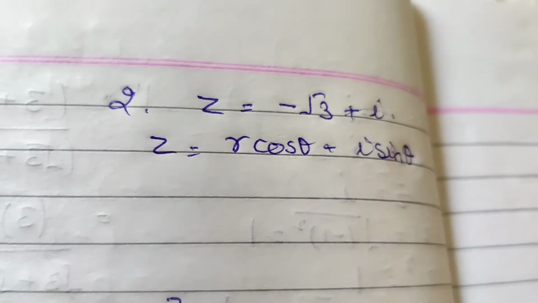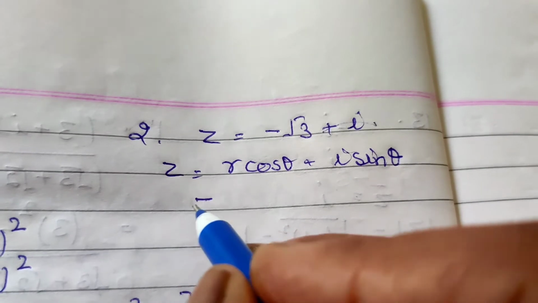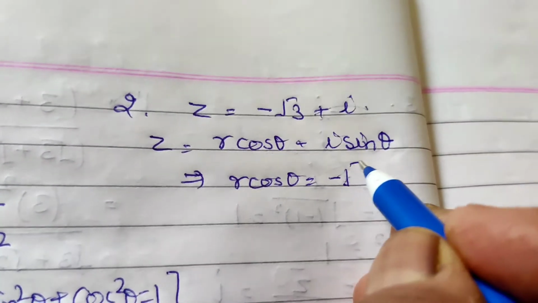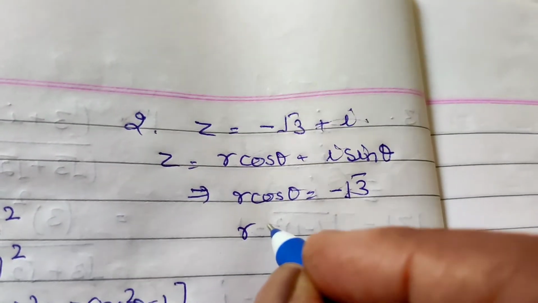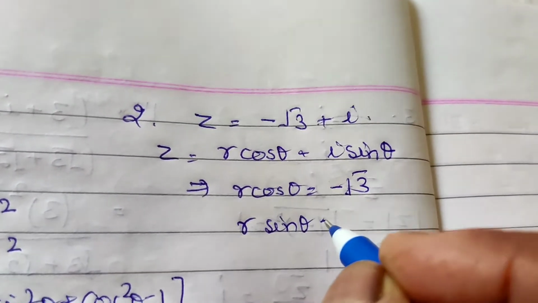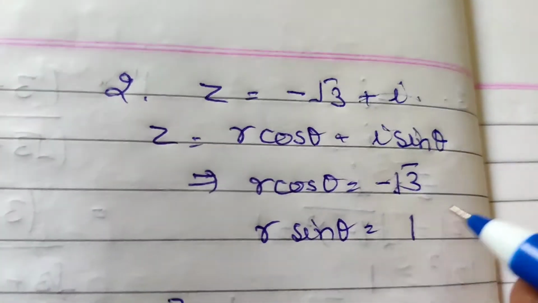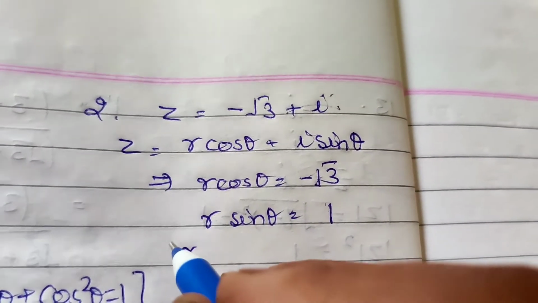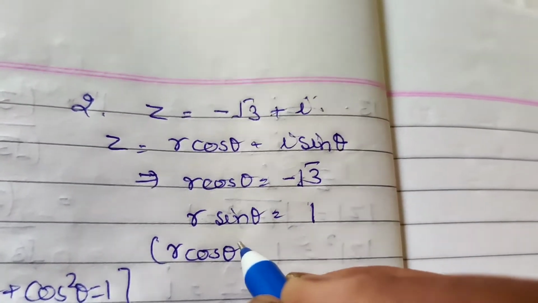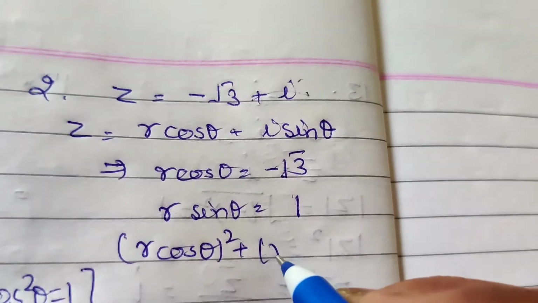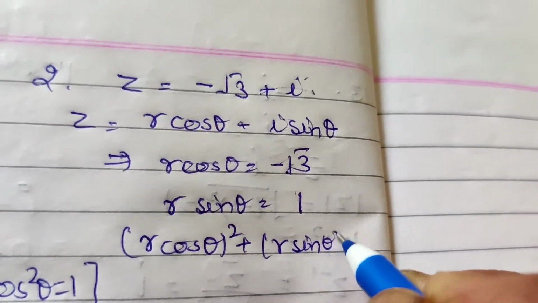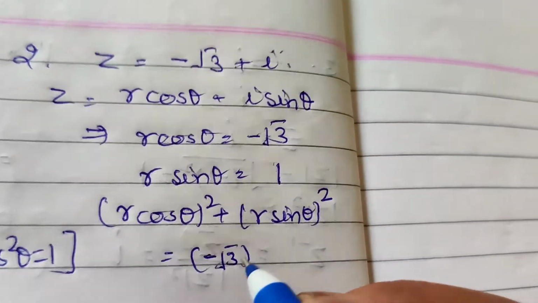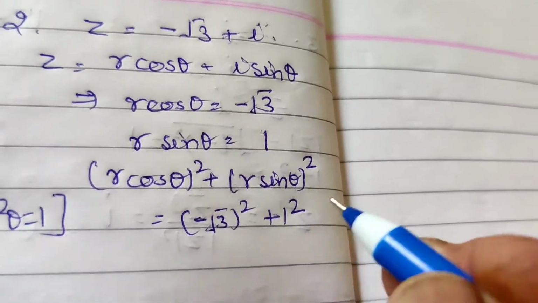Okay. Now, comparing these two: r cos theta equal to minus root 3 and r sin theta equal to only 1. Now square and add both sides. (r cos theta) whole square plus (r sin theta) whole square equal to (minus root 3) whole square plus 1 square.